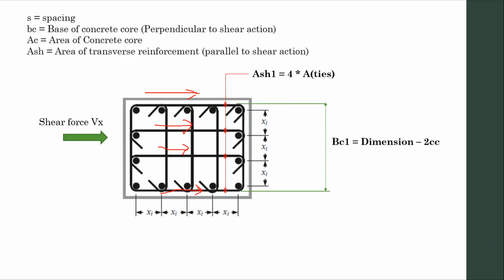Right? Then, the base of concrete core, or bc, is the dimension minus 2 times cc. So, this one is your base of concrete core. This base of concrete core, this one. Okay.